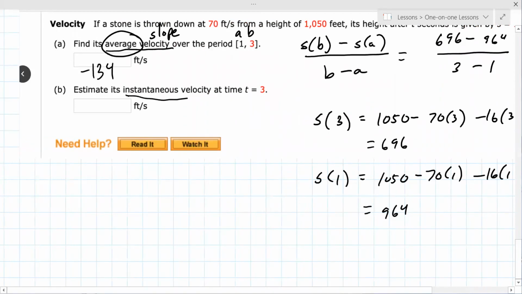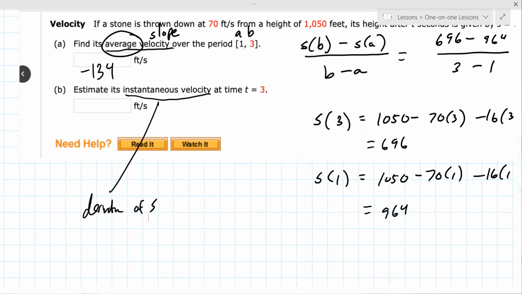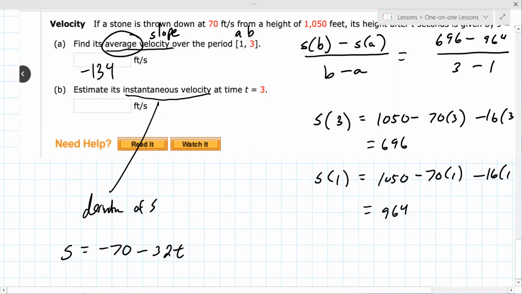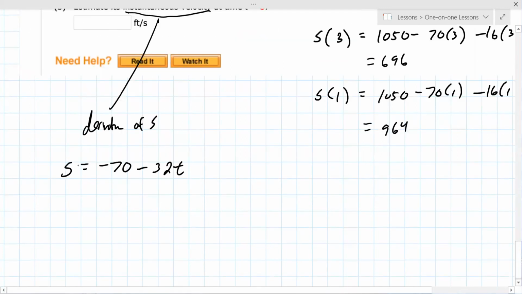The instantaneous velocity, that's when you take a derivative of s. So that's just power rule. S prime is equal to minus 70 minus 32t. And then plug in those numbers. Oh, 3. Yeah, I'm sorry, S prime.